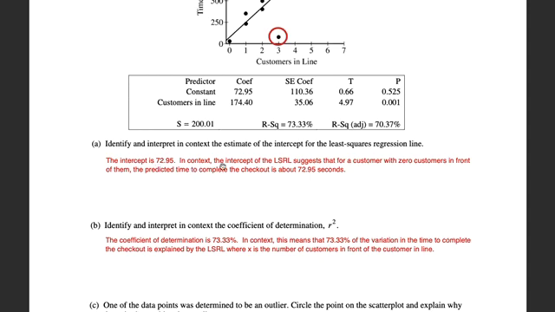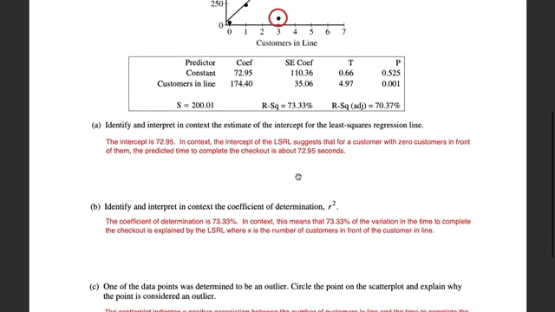So in this context, the intercept of the LSRL, that stands for least squares regression line, you didn't have to include that, but I've learned to like that abbreviation. It suggests that for a customer with 0 customers in front of them, so that's the x variable of 0, the predicted, that word is important, time to complete the checkout, there's the y value, and then here is the intercept. It's about 72.95 seconds.